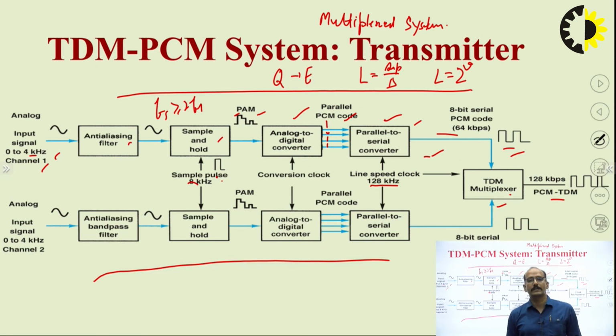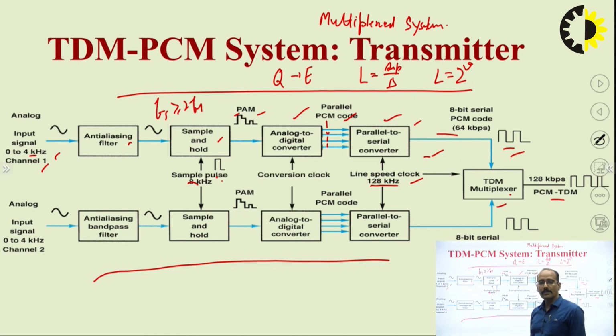Here you have to understand one point very clearly. Sometimes in the university examination they ask a question: what is the role of synchronization in telemetry systems? All this data is created with respect to this 128 kilohertz clock pulse. Why?